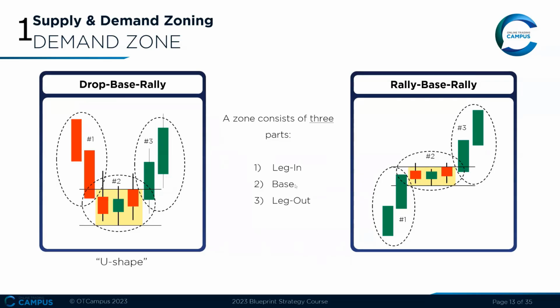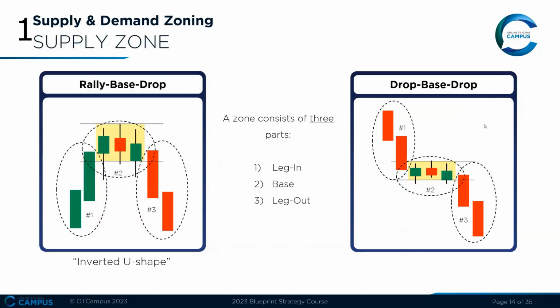For each part of those formations, we want certain candles to imply a certain activity in the market, either a balanced state or an imbalanced state. So for all of our formations, we always have a leg in, we always have a base, and we always have a leg out. Here as well, we have a leg in, we have a base, and we have a leg out.